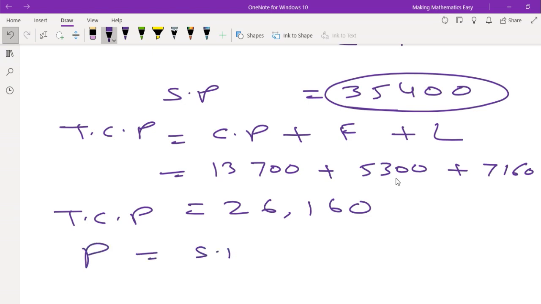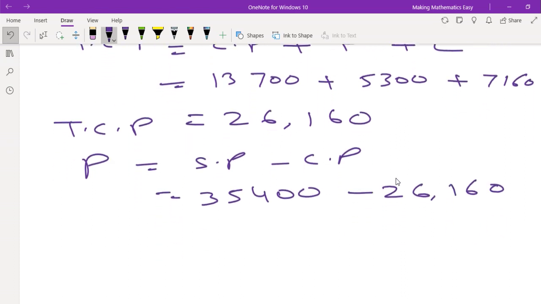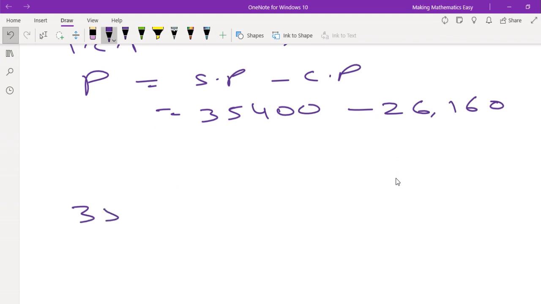The profit formula is selling price minus cost price. Selling price is 35,400 minus 22,160. Now we need to subtract this.